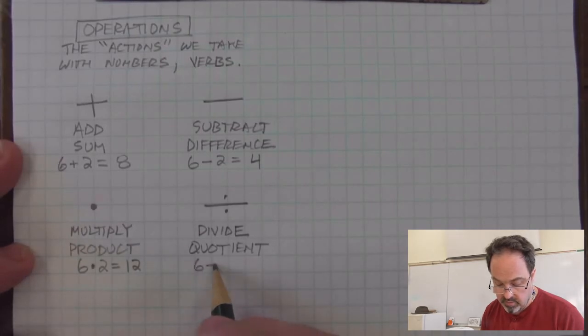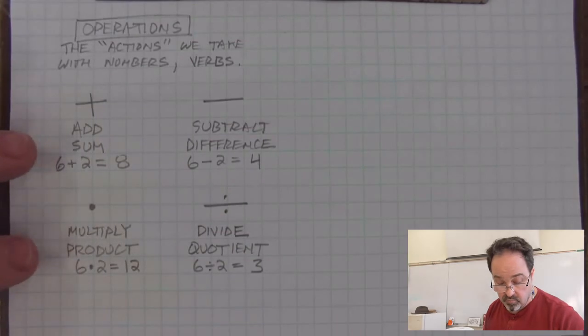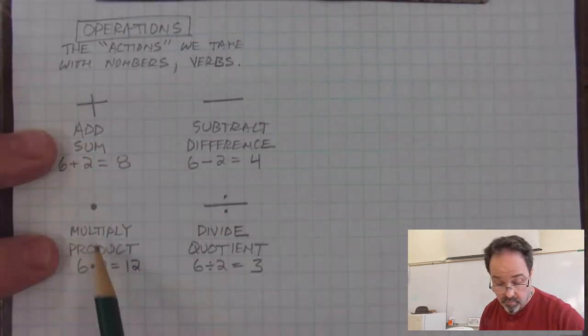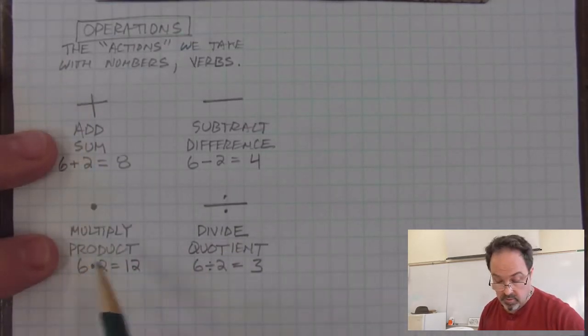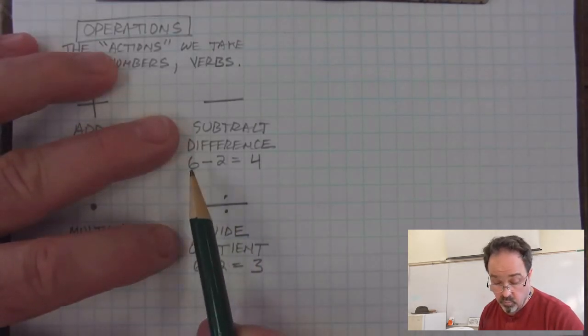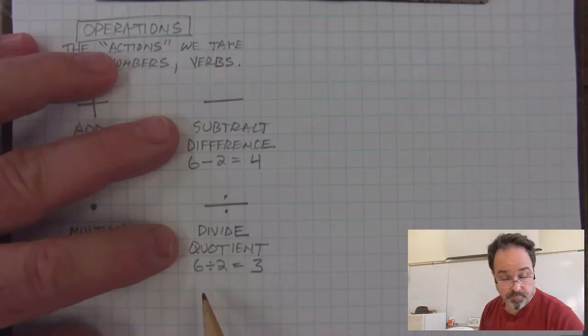And we can divide 6 and 2 to get the quotient 3. In addition and multiplication, the order that we add and multiply by does not matter. But in subtraction and division, it does matter what number comes first or what number is on top or bottom.